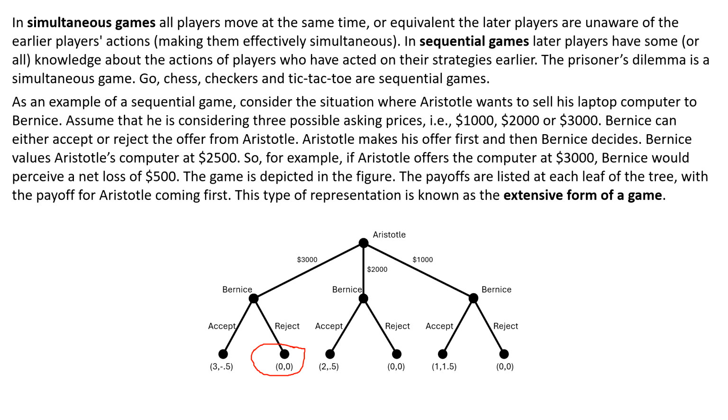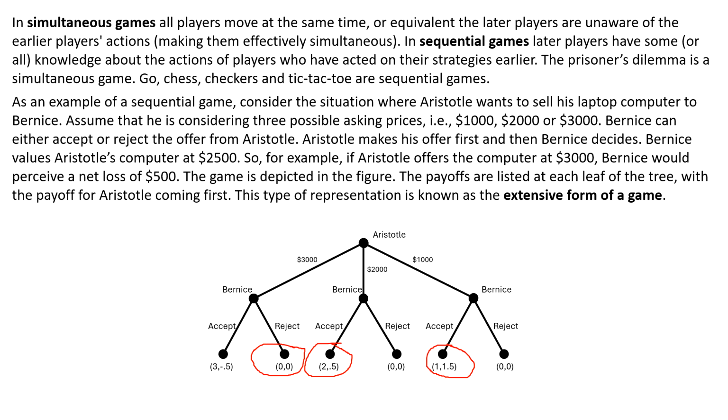Then in the second case, this would be 0.5 versus 0, so she would go for the 0.5. And then in the last one, it would be 1.5 payoff for Bernice versus 0. So again, she would go here, maybe go with green.